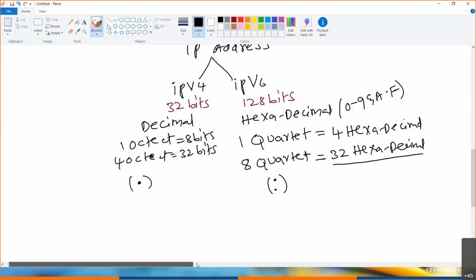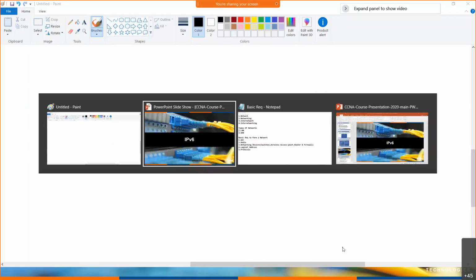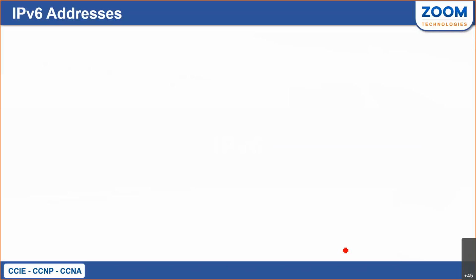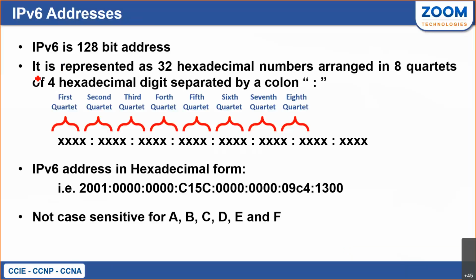Let us write the statements in the notes. It is represented as 32 hexadecimal numbers arranged in 8 quartets, hexadecimal digits separated by colon. First quartet, 4 bits, 4 hexadecimals.